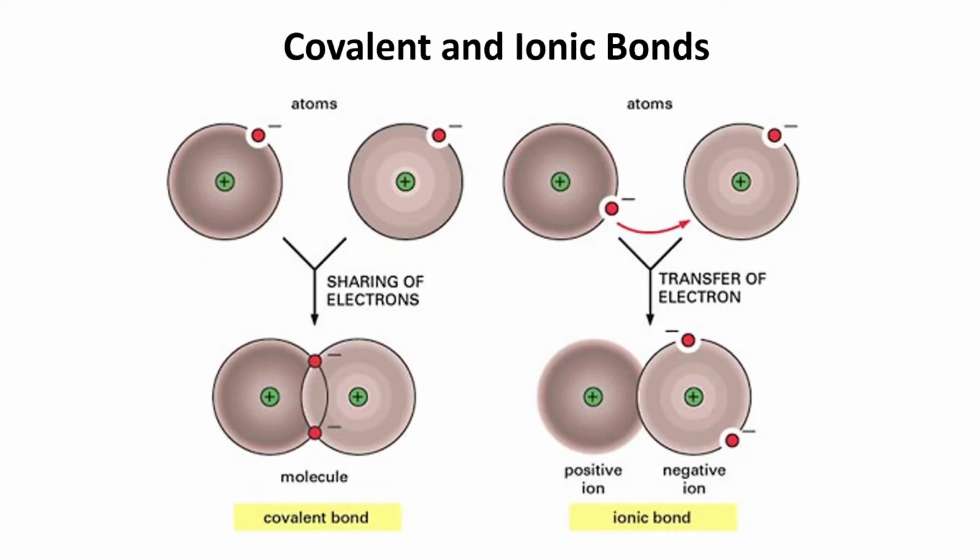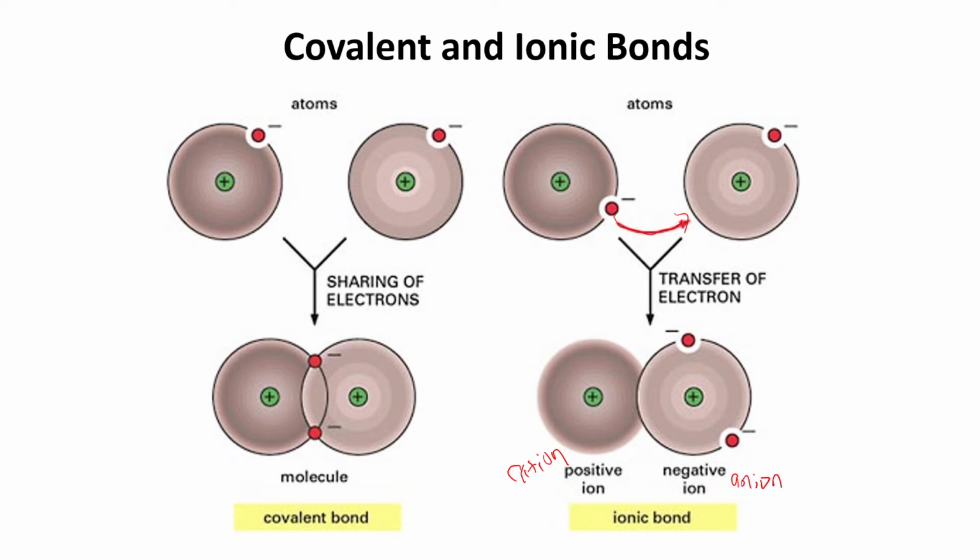Now, we learned in a previous video that ionic bonds transfer electrons from one atom to another atom in order to form our positive ion, which we call the cation, and our negative ion, which we call the anion.